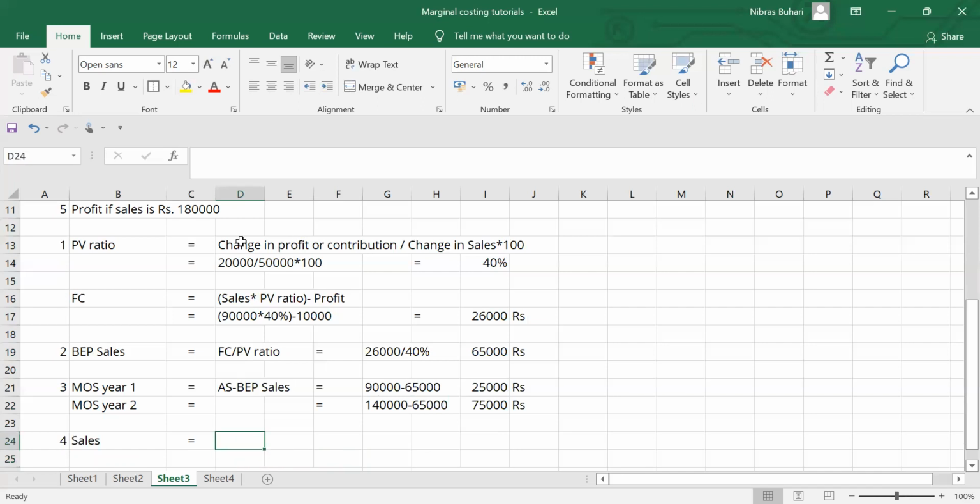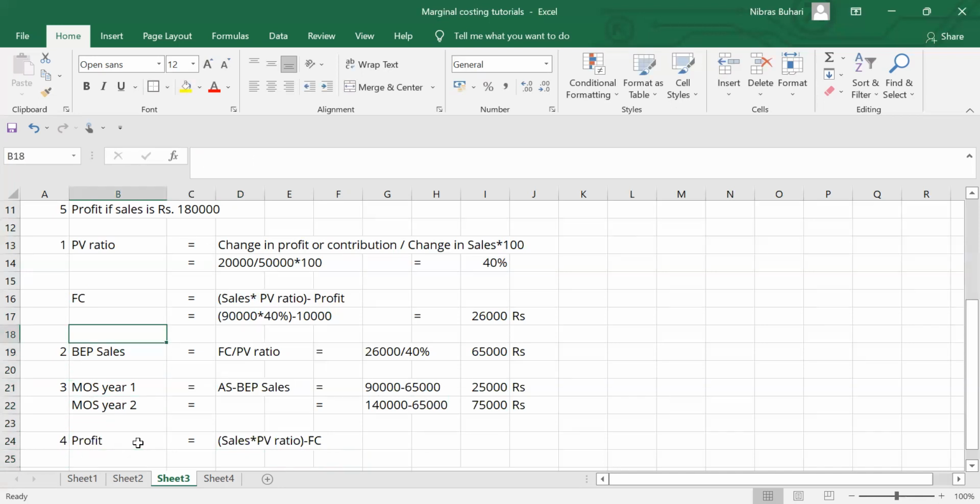Profit, if sales is 1,80,000, you're going to find the profit. They have given the sales. Take that sales which is given, multiply by the PV ratio and subtract the fixed cost. So I'm going to find profit here, sorry.